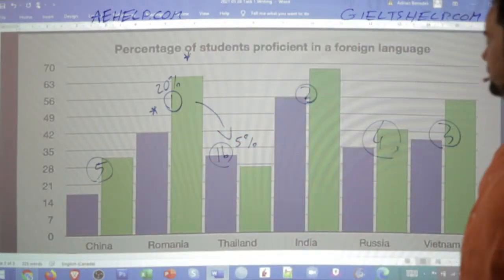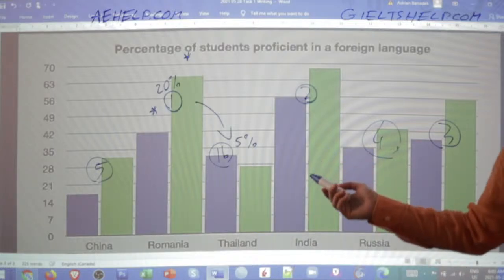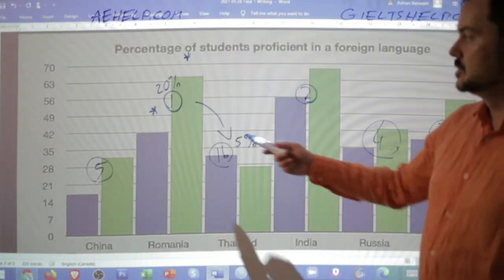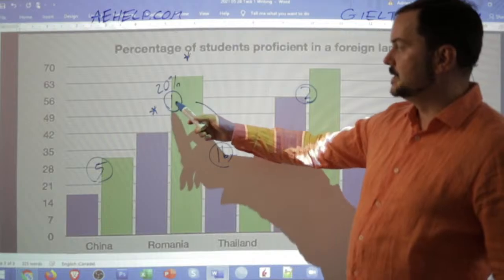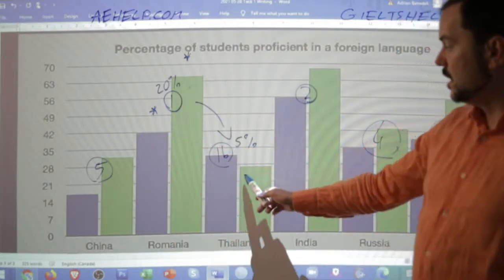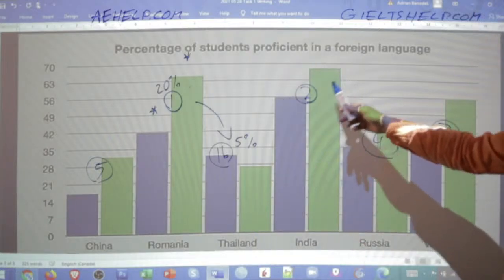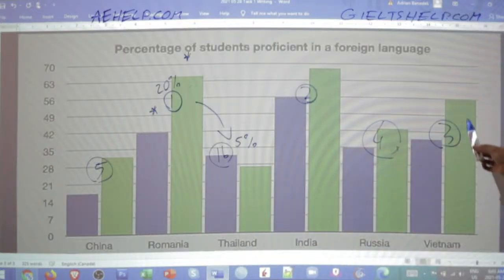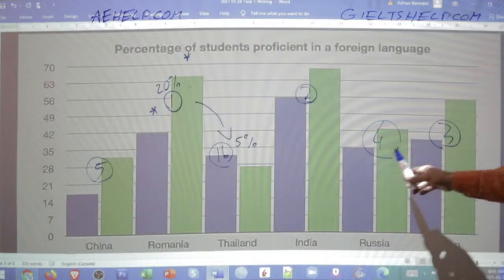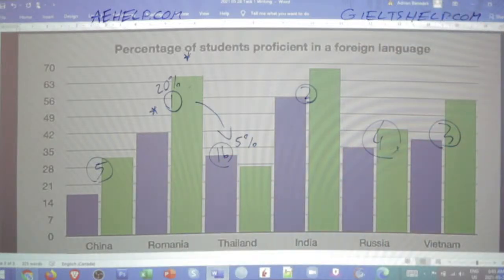So for me, that makes logical sense in the essay. Okay, does everybody see that? So talking about the greatest differences of females versus males and the contrast, then talking about the greatest overall number of foreign language speakers, and then describing the ordinal, right? The third, fourth, fifth level of foreign language speakers, okay?